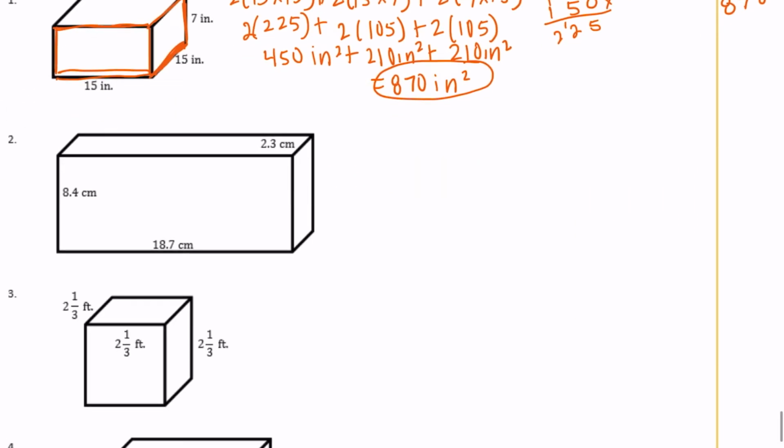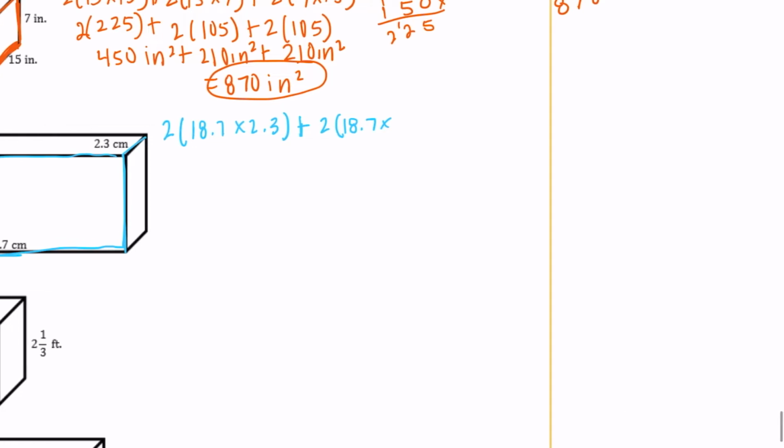Okay, let's do the next one. So two groups of, let's find the top and bottom bases. So the length is 18 and 7/10, and the width is 2 and 3/10. Plus two groups of, let's do the front and back faces. So the length times the height is 18 and 7/10 times 8 and 4/10.